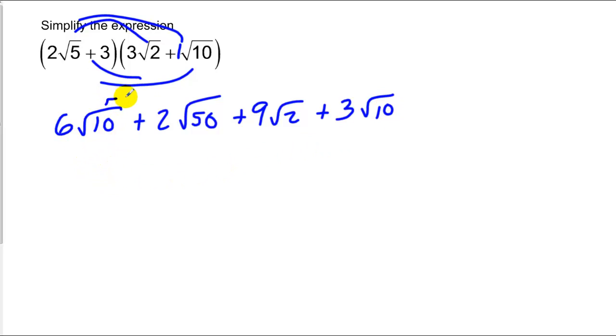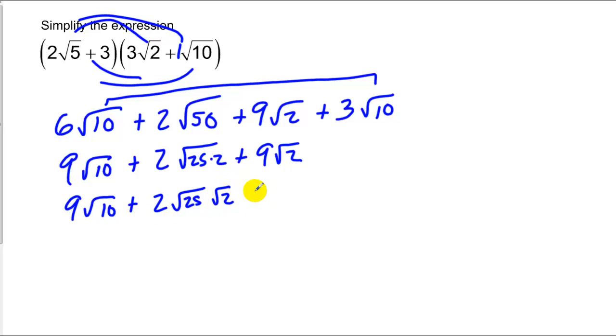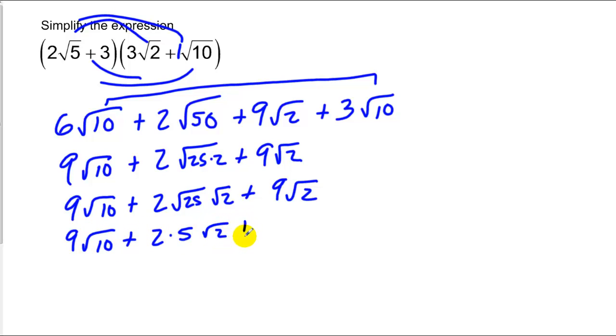I notice right off the bat that this root 10 and root 10 are like roots, so I'm going to make that 9 root 10. I'll simplify the 50 into 25 and 2. The 9 root 2 stays. So I have 9 root 10 plus 2 root 25 and root 2 plus 9 root 2, which is 9 root 10 plus 2 times 5 root 2 plus 9 root 2.